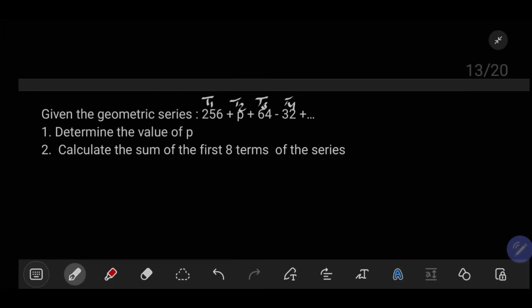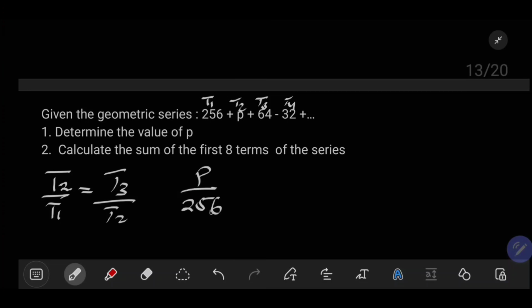To determine the value of p, we are going to use the formula for confirmation: T2 divided by T1 is equal to T3 divided by T2. Our T2 is p, divided by 256, which is equal to T3, 64, divided by p. When we multiply, we have p squared equals 64 times 256, which gives us 16,384.